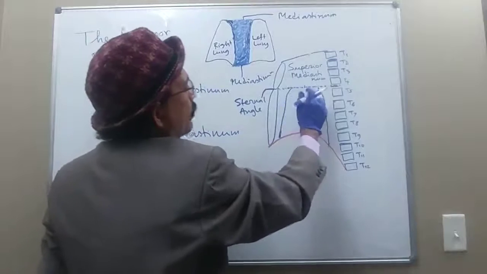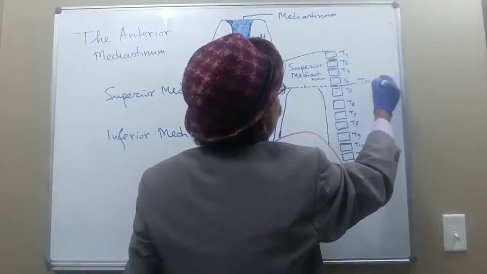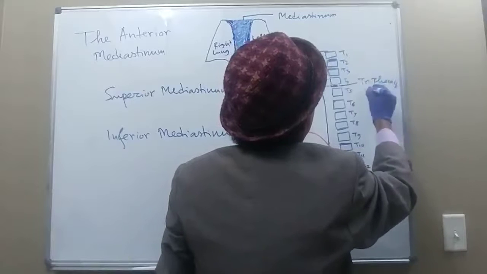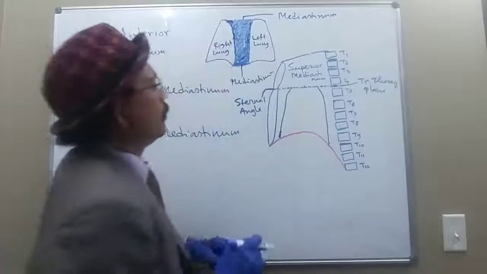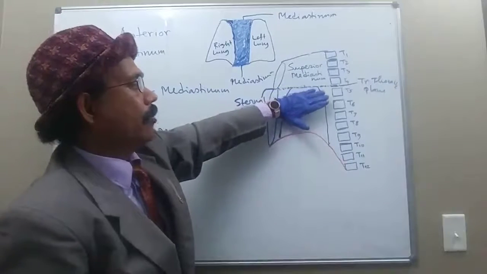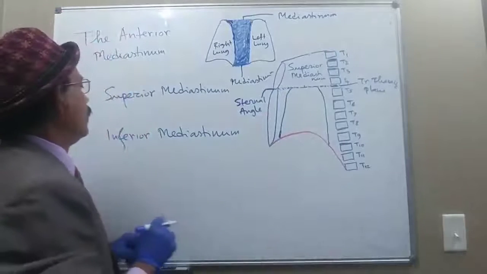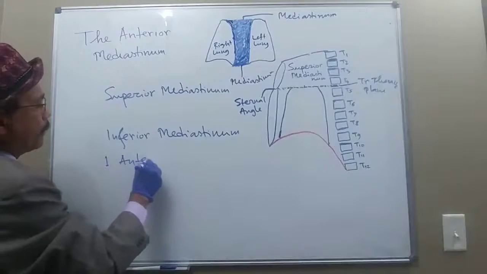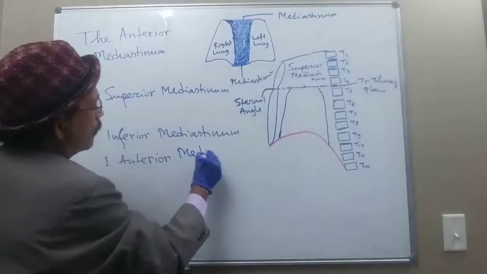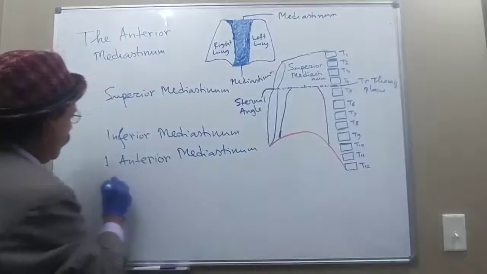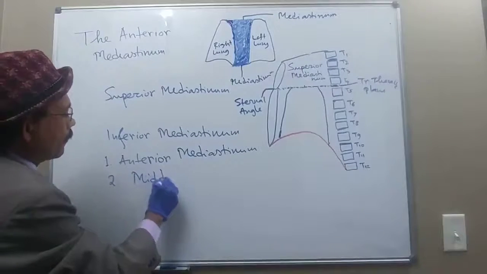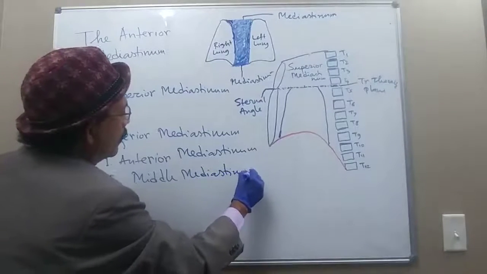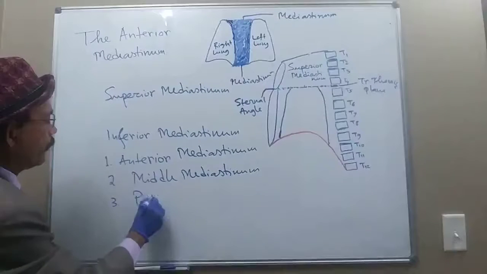The inferior mediastinum is again divided into three parts: one is the anterior mediastinum, then the middle mediastinum, and the posterior mediastinum.